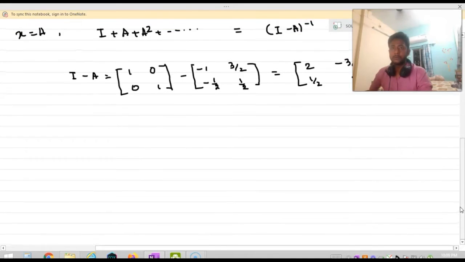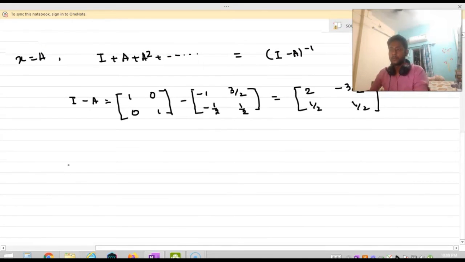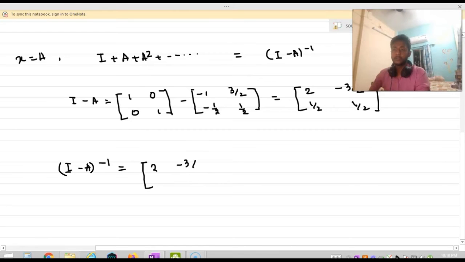We have to find the inverse of I minus A, which is the matrix 2, minus 3 by 2, 1 by 2 and 1 by 2. Now what is the inverse of a matrix? It is the adjoint divided by its determinant.